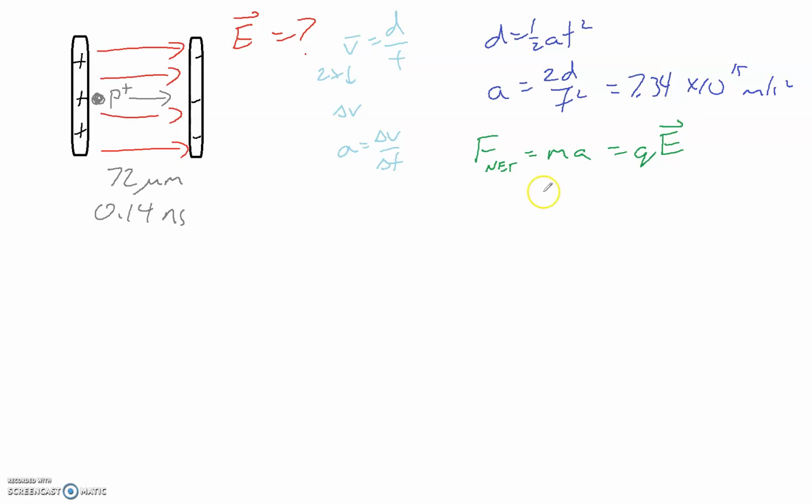So if we want to find the E, it would be the force, the ma, divided by the Q. The mass of a proton, that one's in your list. Acceleration you just found. Charge of a proton, same as always. And then you can find the electric field. This should give us around 7.7 times 10 to the 7 newtons per coulomb. And there's our electric field.